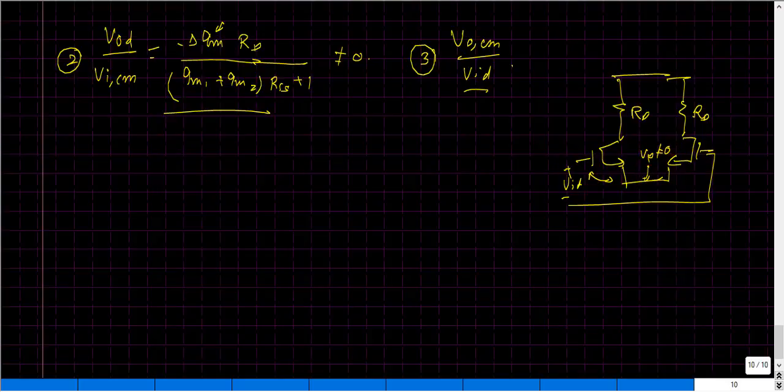This assumption now becomes invalid because of the unequal voltage that appears across the gate and source of M1 and M2, and that is because of the mismatch between M1 and M2. So clearly I cannot have this node at the ground.